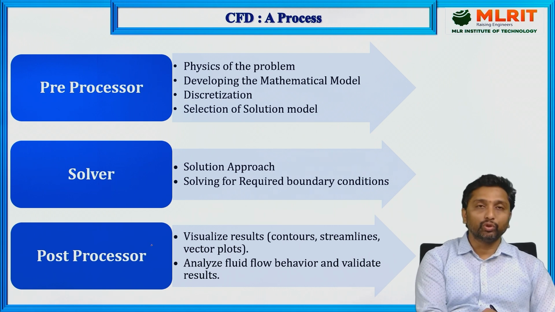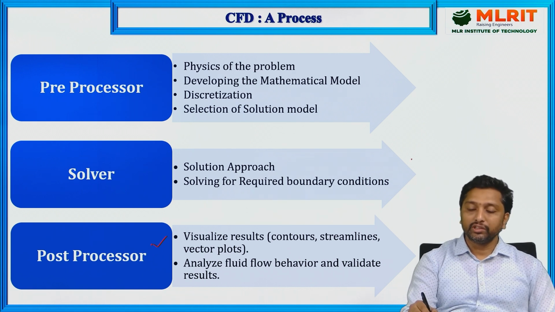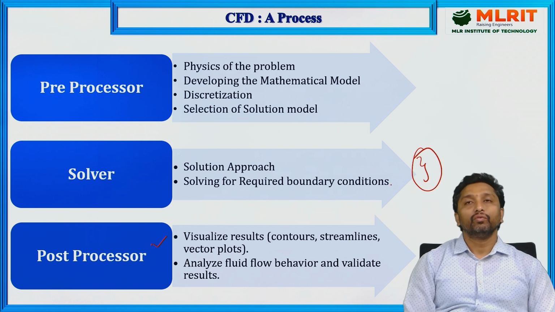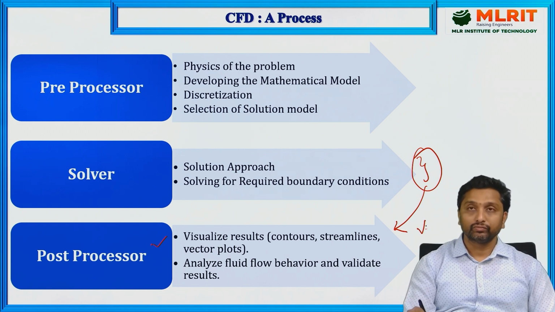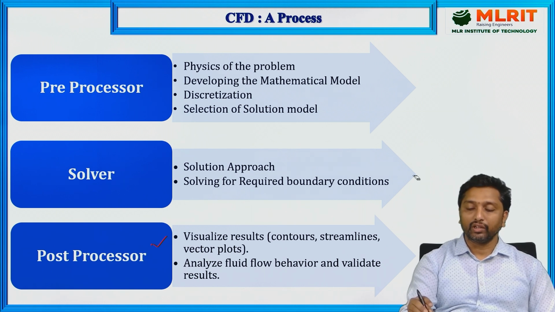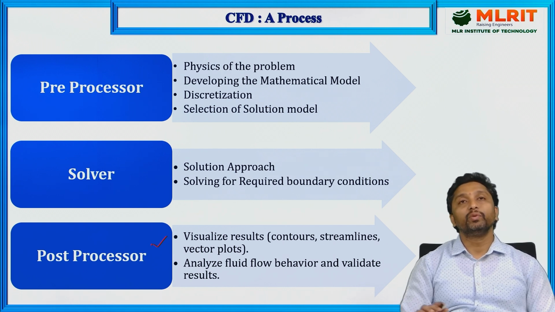Coming to the post-processor, the post-processor is the last phase of your CFD process, where whatever results we obtain after calculating will be verified, or evaluated for the further process. That is, we need to understand, let's say, flow behavior around the body, wake formation around the body.